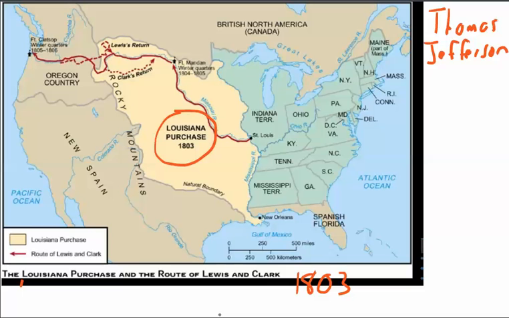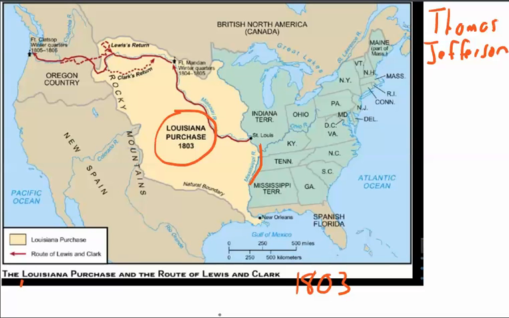You need to be sure you can recognize this territory on a map. Notice that the Louisiana Purchase is everything west of the Mississippi River here and east of the Rocky Mountains. It's almost precisely the center of what's now the United States.